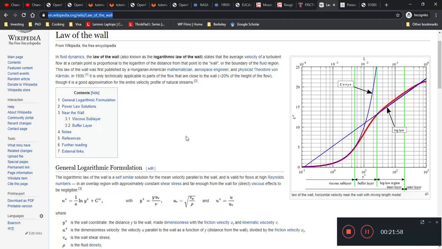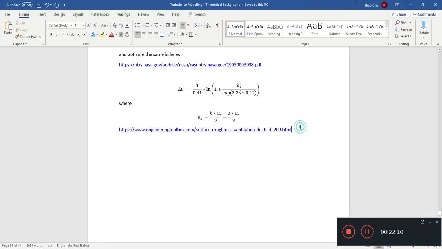Especially in the log law region, we can take into account the surface roughness. Of course, in the viscous sublayer, you don't really need to account for that because of the aforementioned thing we discussed before. So it affects the log law region.